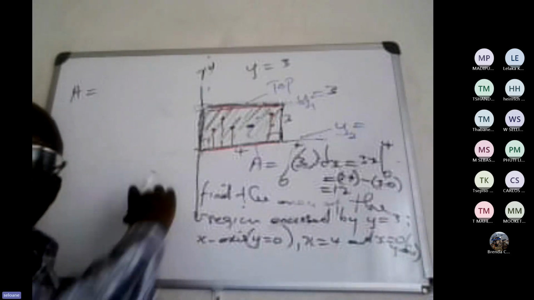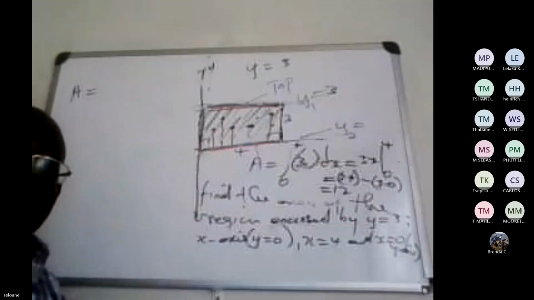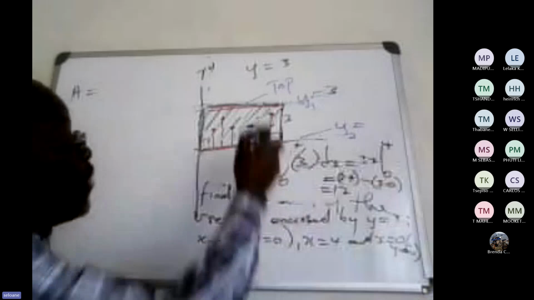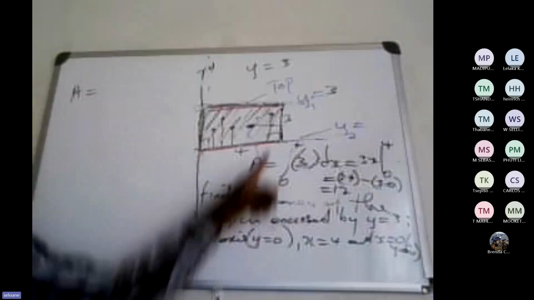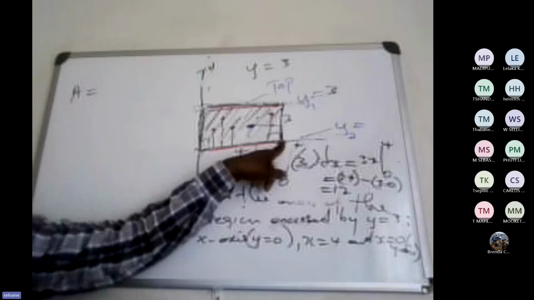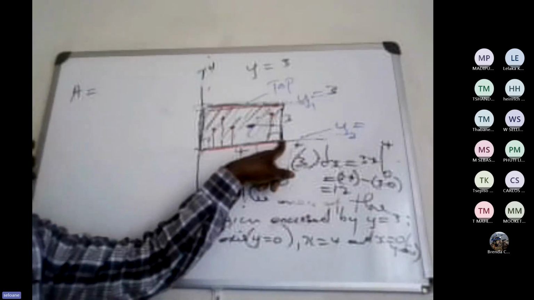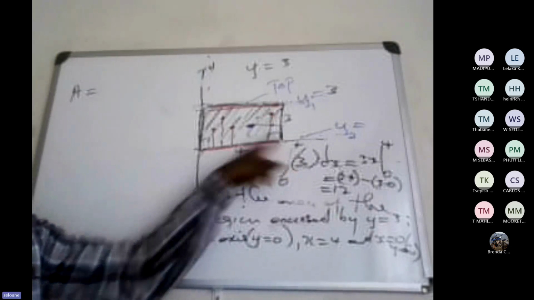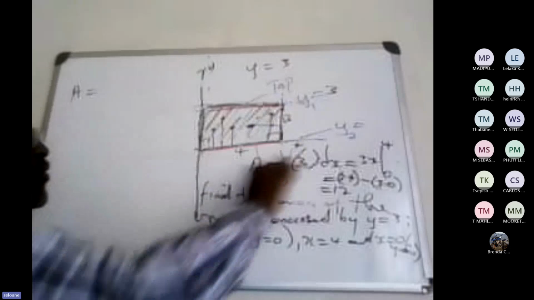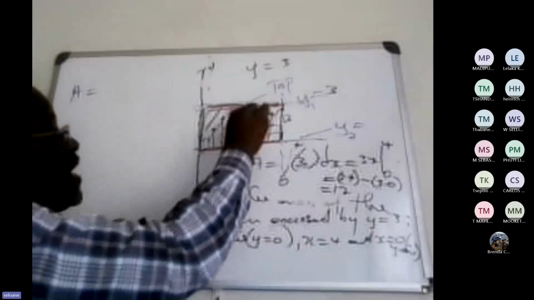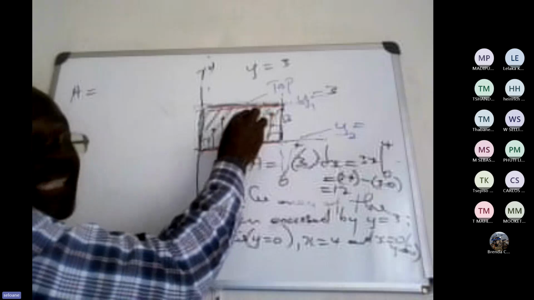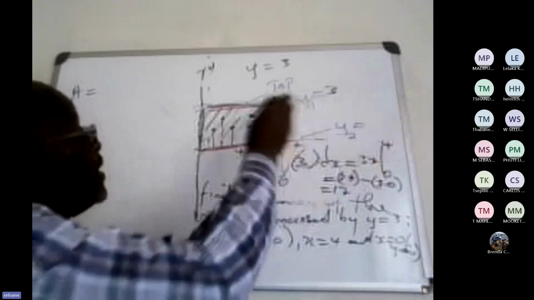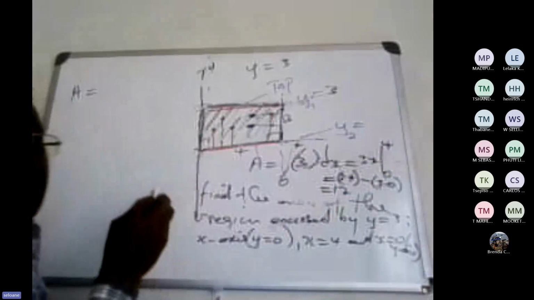If you are here and you want to walk out of this region to the right side, you will be stopped by the line x equal to 4. If you are here, or somewhere here, and you want to walk out of this region to the right side, horizontally, you will be stopped by this.